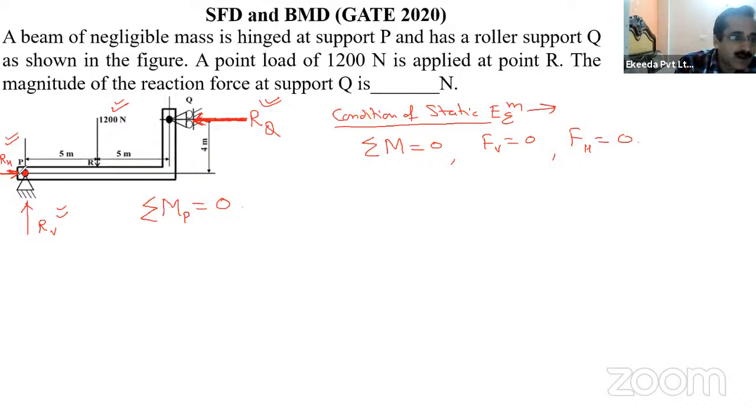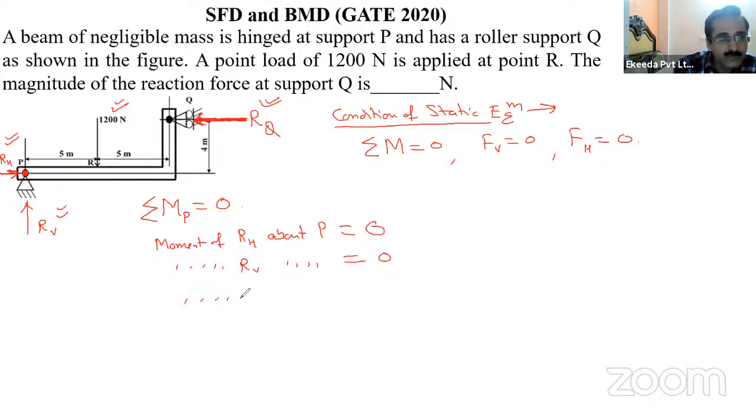But RH is passing through P point only. So the moment of RH about P will be equal to 0, because it passes through this point only, right? That's why the moment of RH is 0. The moment of RV about P is again 0 because RV is also passing through P point.